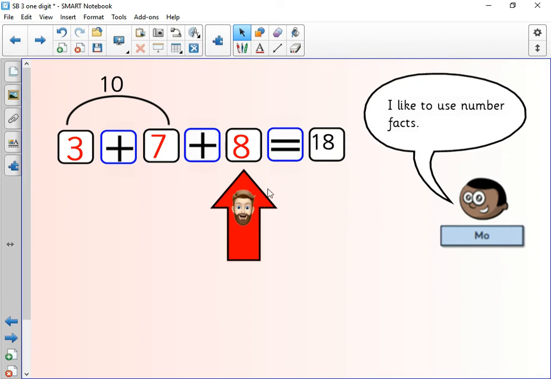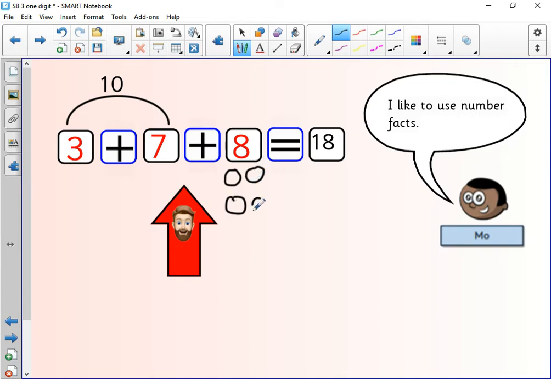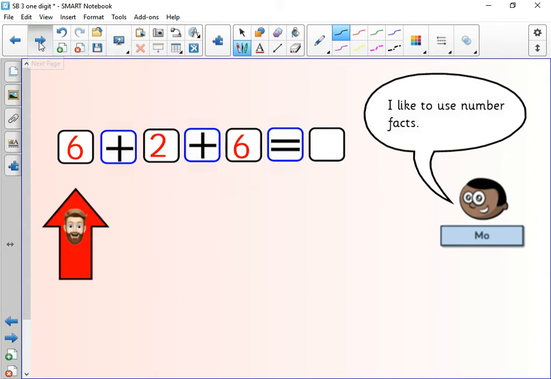Now again, if you couldn't add on 8 in your head, you could still draw counters underneath that third number. 1, 2, 3, 4, 5, 6, 7, 8. So that would be 10, 11, 12, 13, 14, 15, 16, 17, 18. Okay, so spot a number fact and then count on. Use counters if you need to.